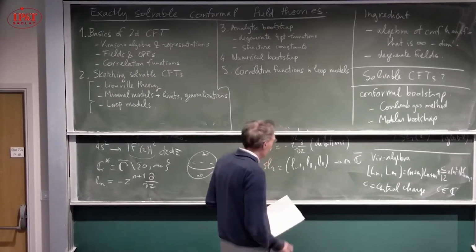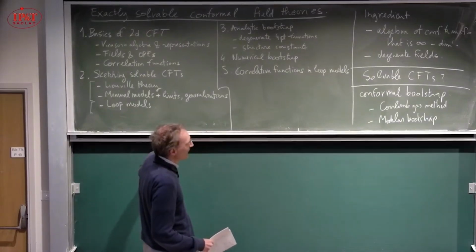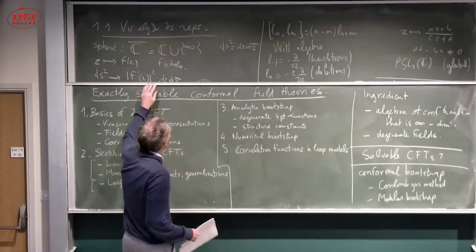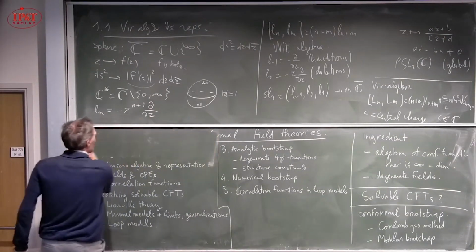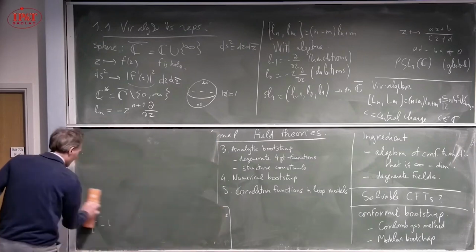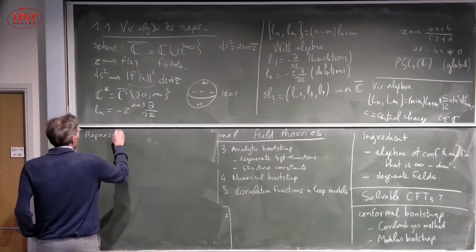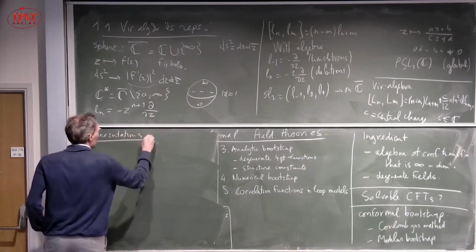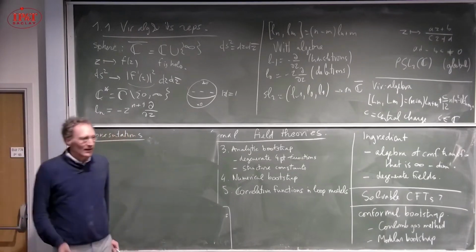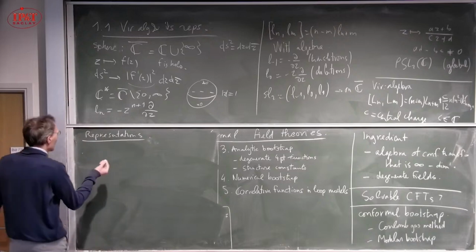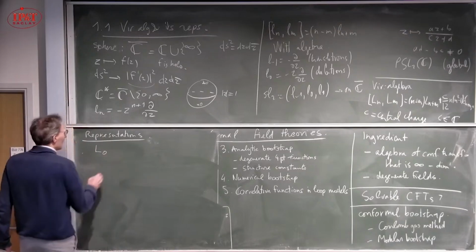Okay. So we have our algebra. Next, we have to look for its representations. The reason is that, of course, the space of states of our conformal field theory has to be a representation of the Virasoro algebra. But which types of representation do we want? Well, we want to look at the eigenvalues of the L_0 generator.